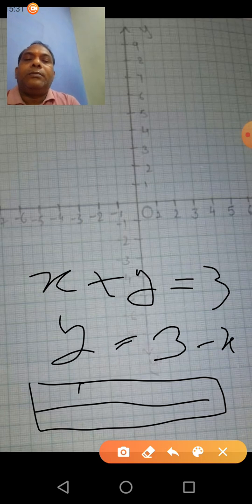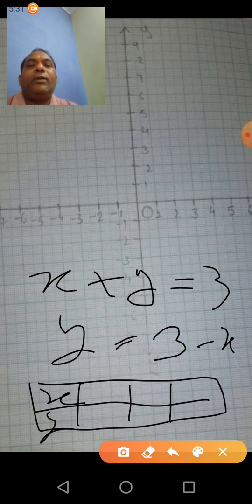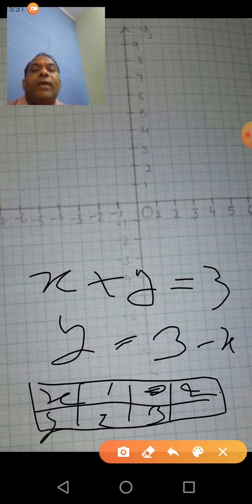Now here x and here y. Now put x is equal to 1, then y is equal to 2; x is equal to 0, then y is equal to 3; x is equal to 2, then y is equal to 1, and so on. You can find different points. Clear?